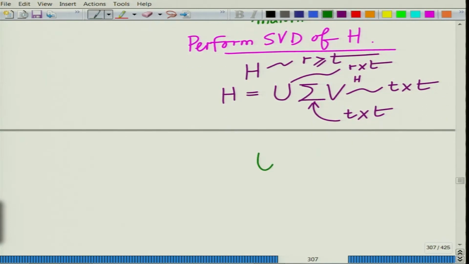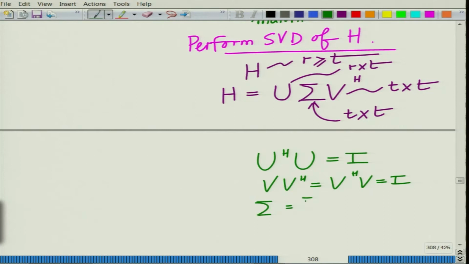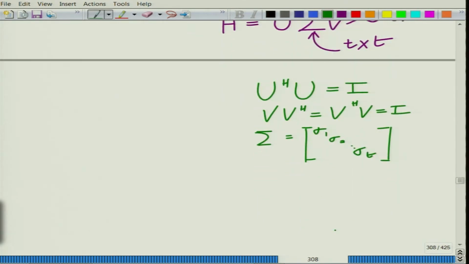Quick recollection: U Hermitian U equals identity, V Hermitian V equals identity, sigma is a diagonal matrix comprising the singular values, which are non-negative, and these are arranged in decreasing order.